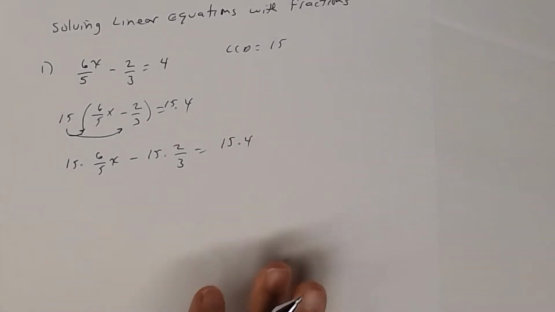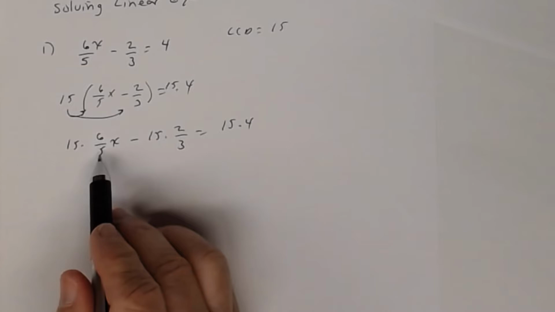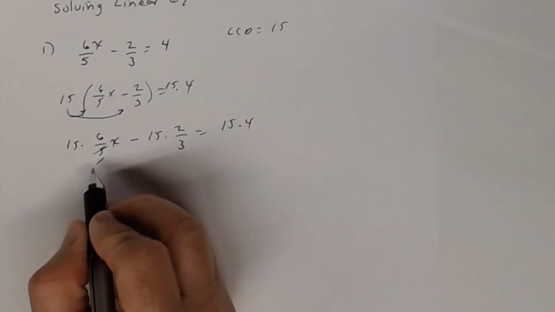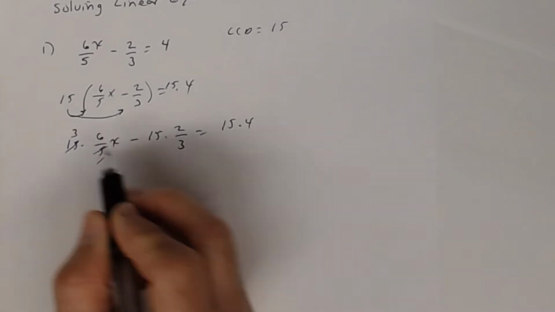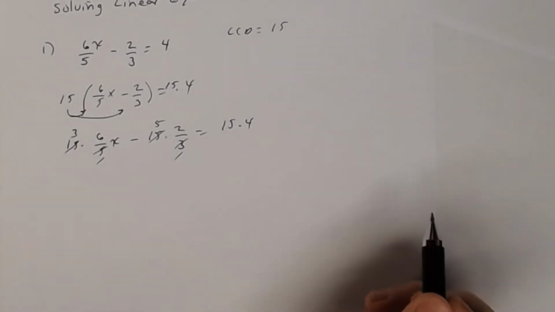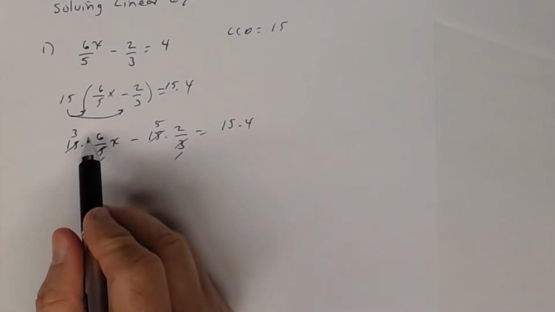At this point, we're going to reduce. We want to get those denominators to be 1, and by reducing, I can now do that. 5 into 5 is 1. 5 into 15 is 3. 3 into 3 is 1. 3 into 15 is 5. Now 3 times 6 is 18.